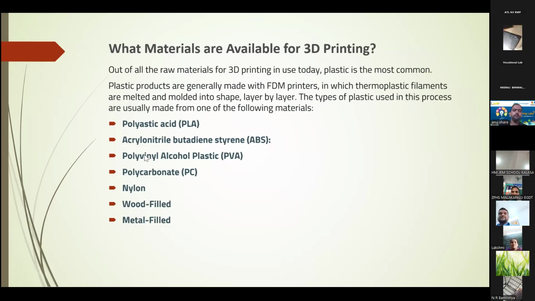What is the difference between the two? PLA is low cost, strong, durable, everything is fine. But ABS uses a higher temperature for printing. PLA can start printing from 200 degrees Celsius, and ABS starts printing from 220 to 240 degrees Celsius, so it melts at a high temperature. But remember these two names, PLA and ABS.